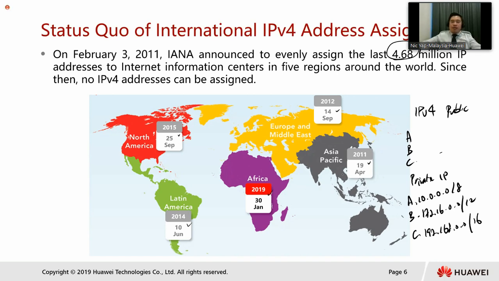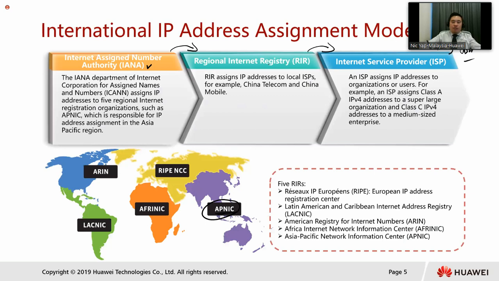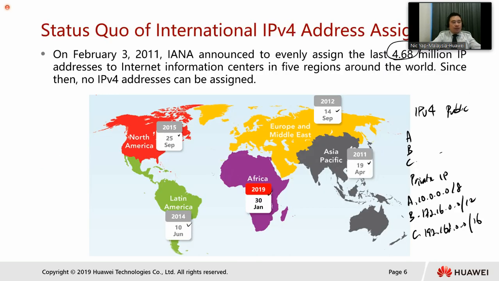These countries need to register and get addresses from the Regional Internet Registry, and from there they assign to the different ISPs. That is the method of getting addresses from the authorities.